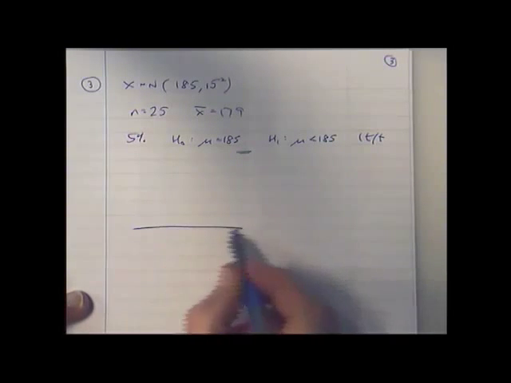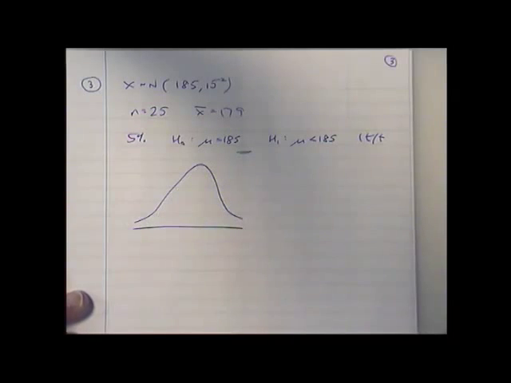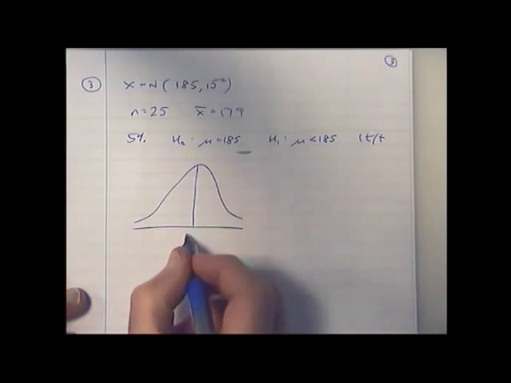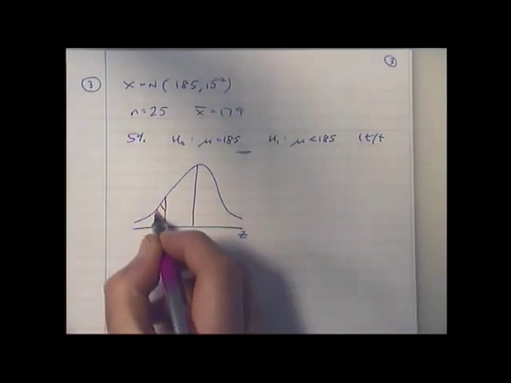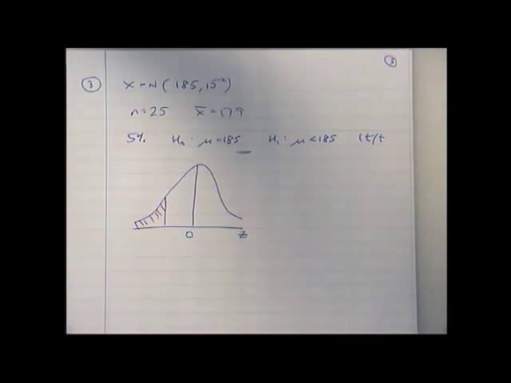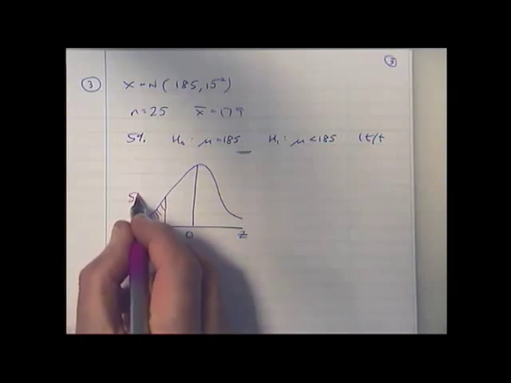So, I would still recommend doing a diagram for all of these questions. It's a one-tail test. We're interested in has it got smaller, so we're interested in just a tail on the left-hand side. And it's a 5% probability that we want in there.